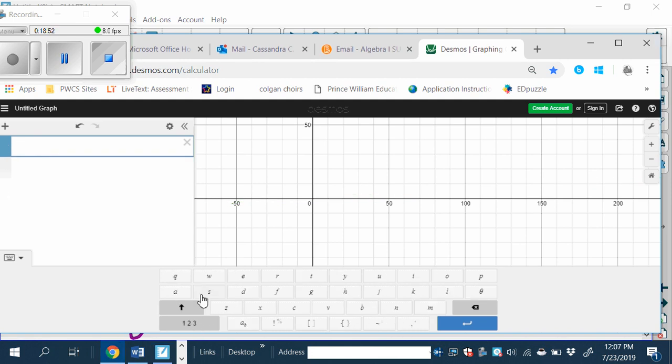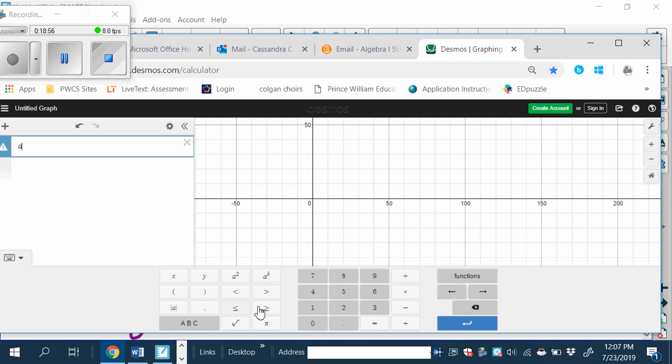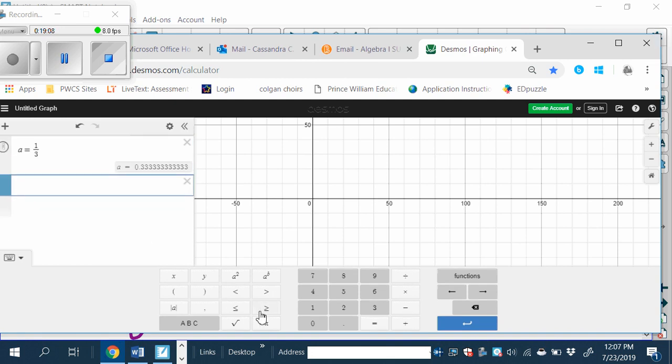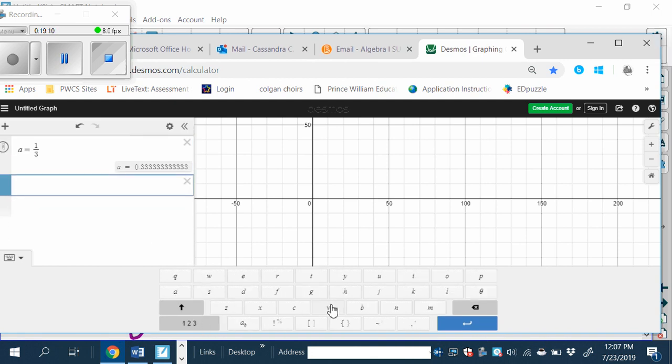So for here, I'm going to say a is equal to 1/3. So I'm going to do 1/3 divided by 3. Okay, and then I'm going to say b is equal to 3/4.